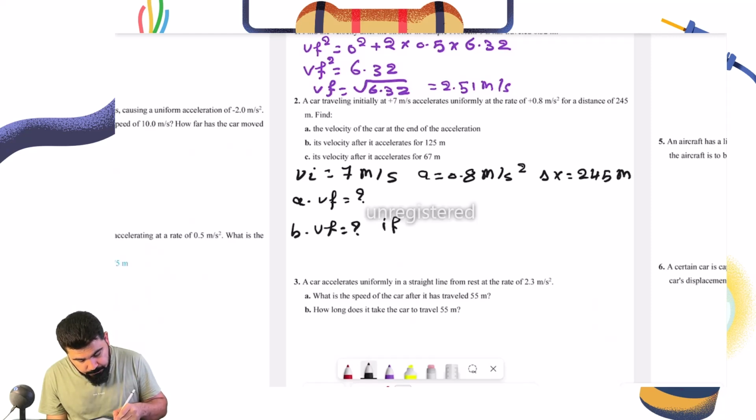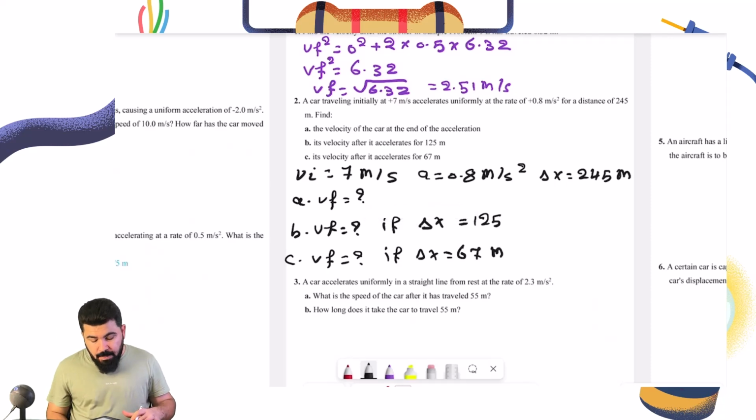If delta x this time is not 245, but 125 meters. This time it says C. Find V final if this time delta x is equal to 67.